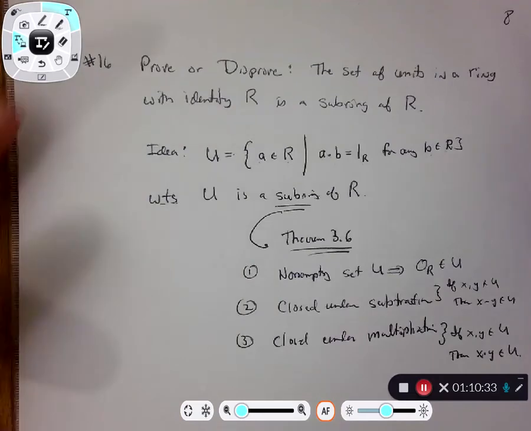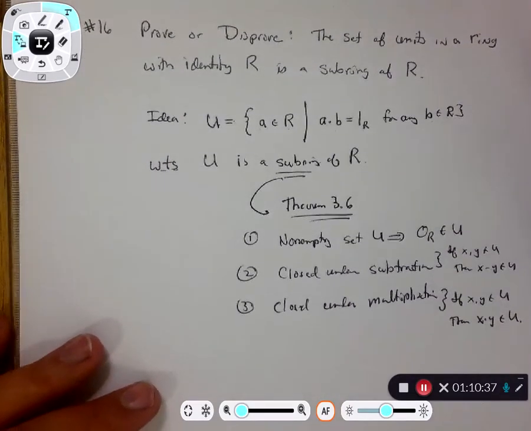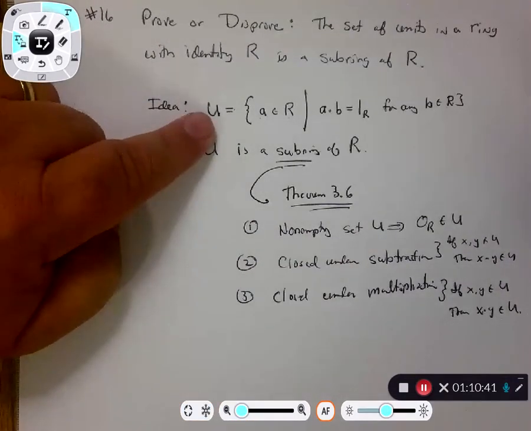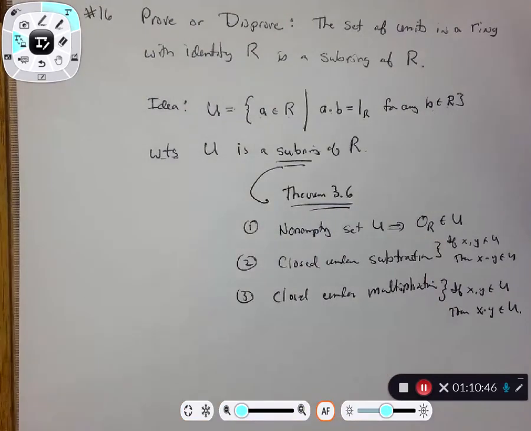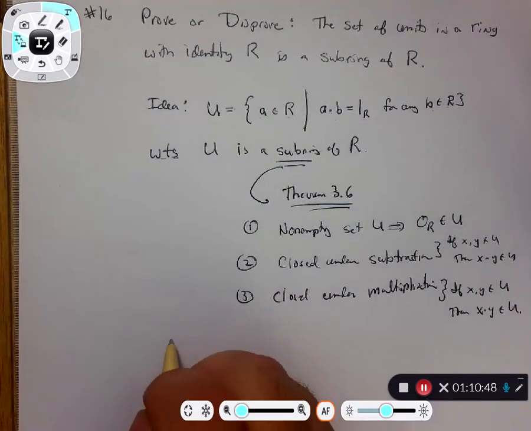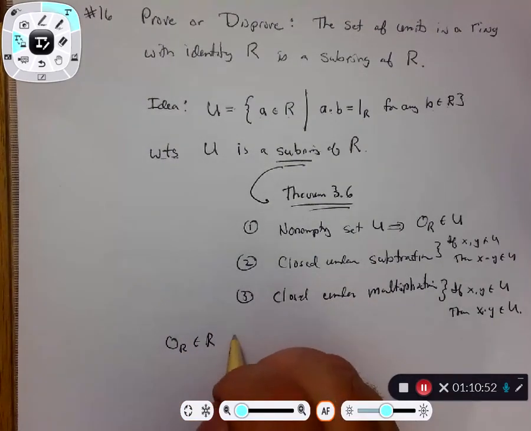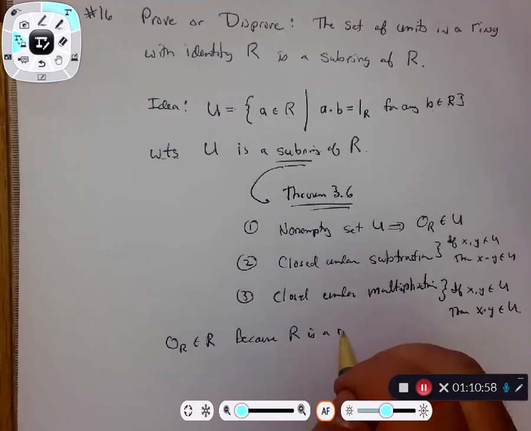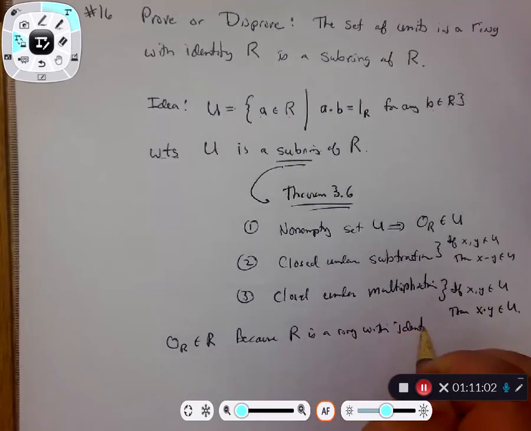First thing, so we think about proving it. Now this is all my scrap sheet of paper because I still don't know if it's a prove or disprove. Well, I look at number 1. Is this set non-empty? Remember, to show non-empty, the 0 element has to be inside the set. But here's your problem. 0 in R is an element of R because R is a ring with identity.